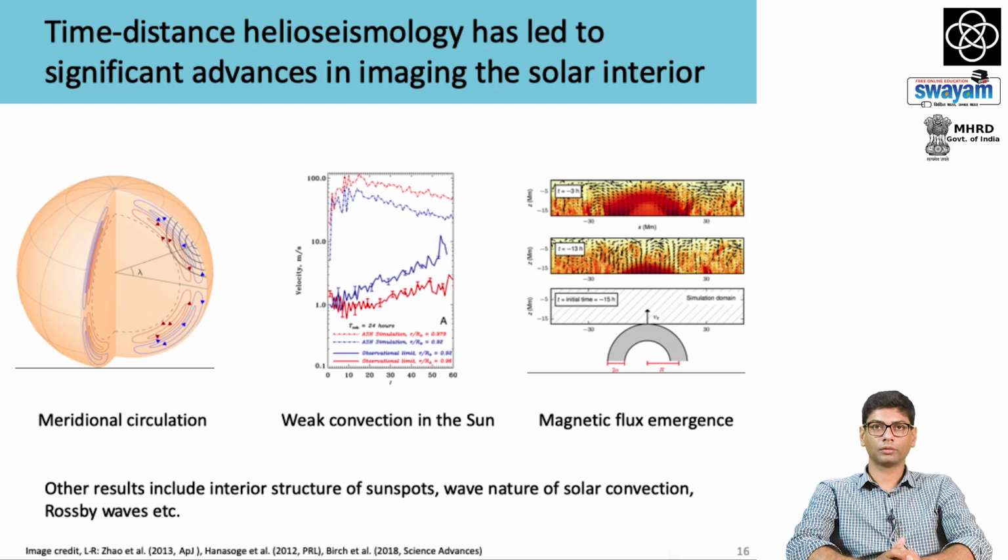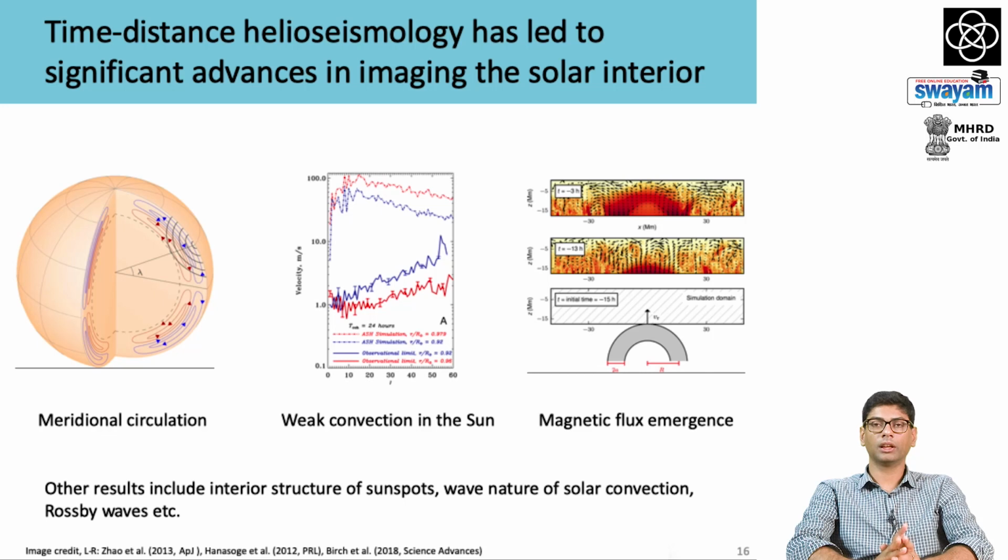The third major result to come from time distance helioseismology, and perhaps acoustic holography as well, is the emergence of new magnetic field. As you may recall from one of the first movies that I showed you of magnetic field appearing at the surface and evolving, there is constant new flux arriving at the surface, and we don't have an ability yet to predict when magnetic field will emerge and of what size and at what speed.